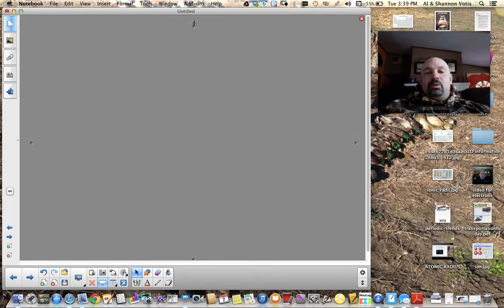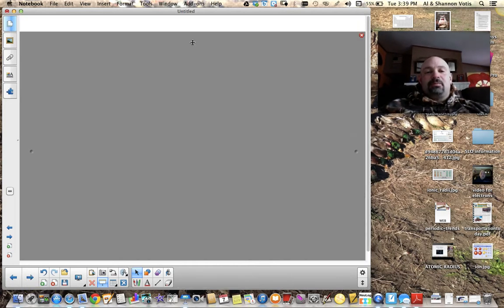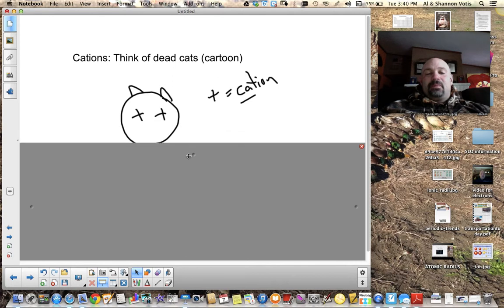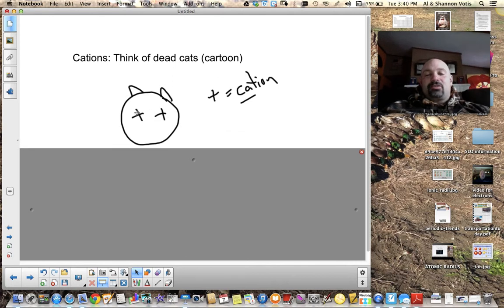Well, how can we remember those two things? A couple of different ways can help you remember that cations and anions are positive and negative. First of all, let's think of a cation. Think of dead cats, cartoon dead cats, not real dead cats. When you have a cartoon dead cat or a dead animal in a cartoon like Roadrunner, they have their eyes crossed. So if you think about a dead cat with crossed eyes, those are positives.